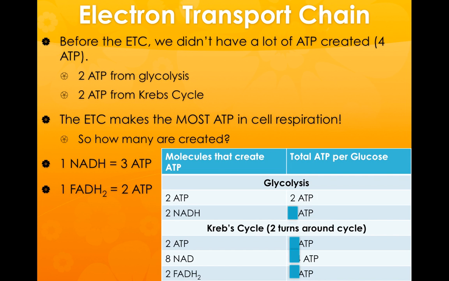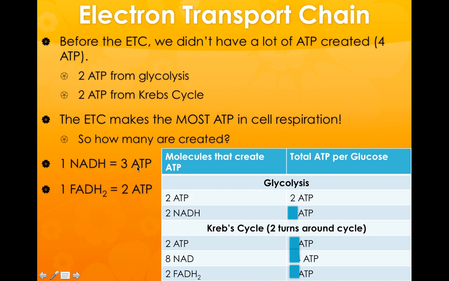Okay, so how many ATP are actually produced during cellular respiration? During glycolysis, 2 ATP were produced. Now in the Krebs cycle, 2 ATP were produced as well. But these NADH and FADH2 molecules that were created in both glycolysis and the Krebs cycle are actually going to make more ATP than just straight up making ATP itself.